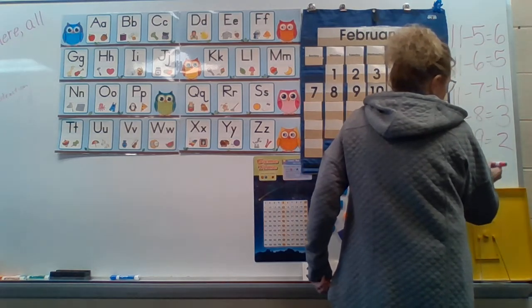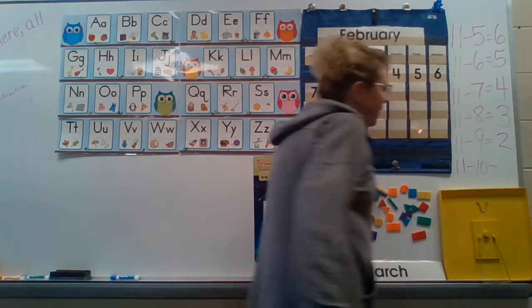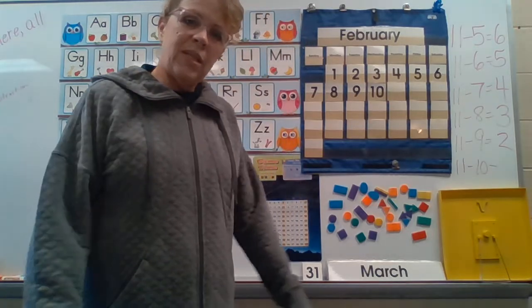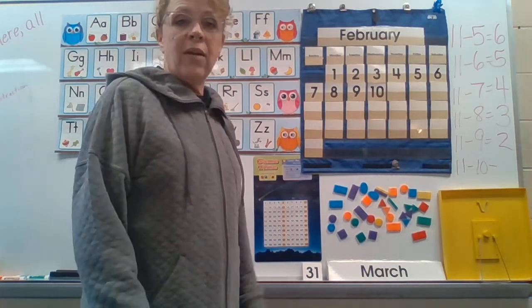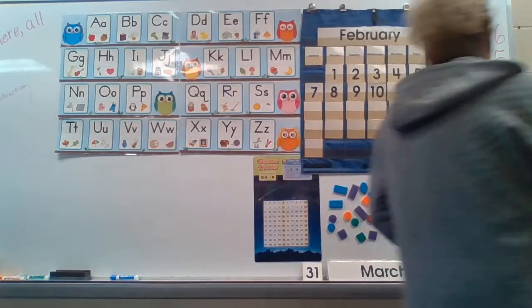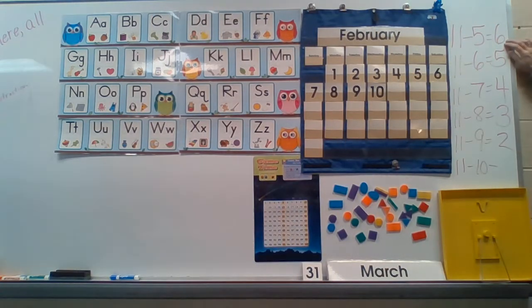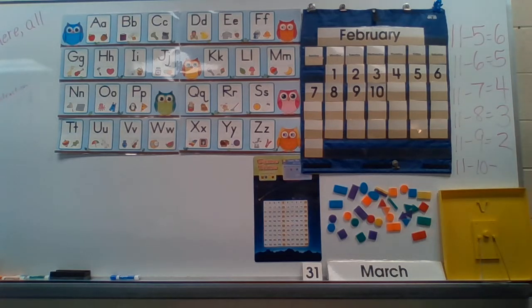And then what do you think if we did 10? We did 11, take away 10. Because I see a pattern over here, right? I see 6, 5, 4, 3, 2. It's like counting down 2. What would you expect 11 minus 10 to be? I think it's going to be 1. But let's check.